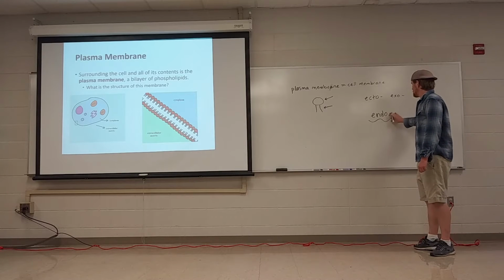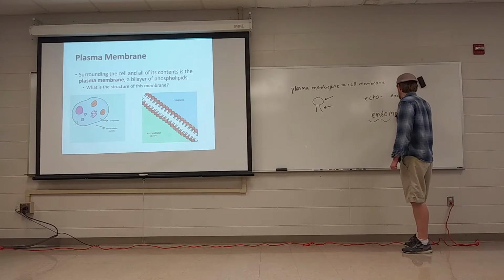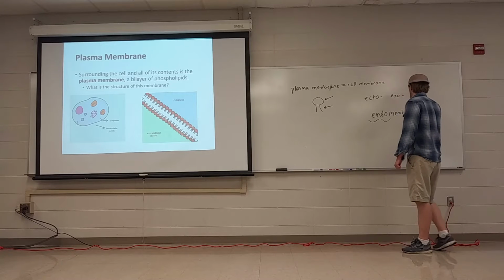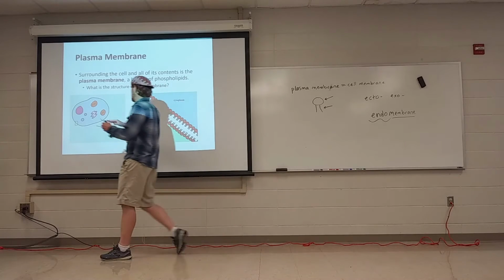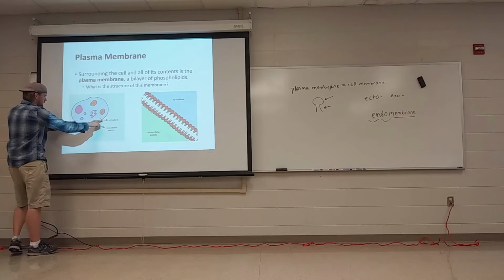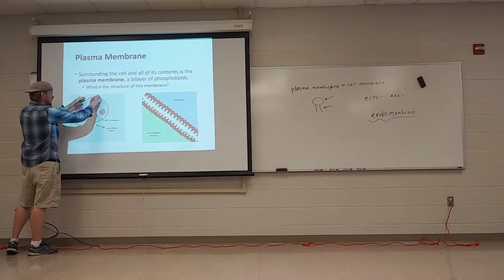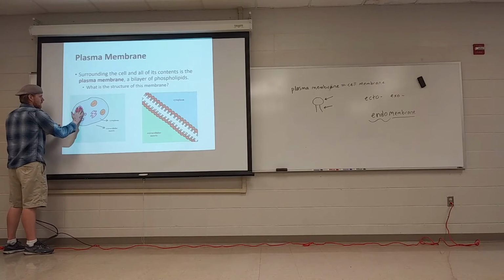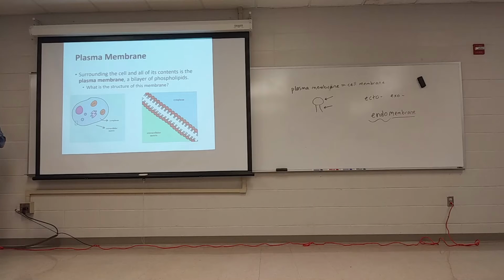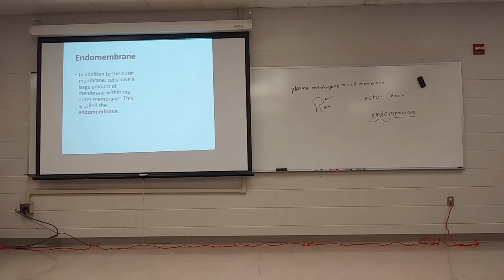Endo means inside, and so any membrane that occurs within the confines of this outer membrane is called endomembrane. I'm going to show you a little animation of sorts that hopefully will help with this.